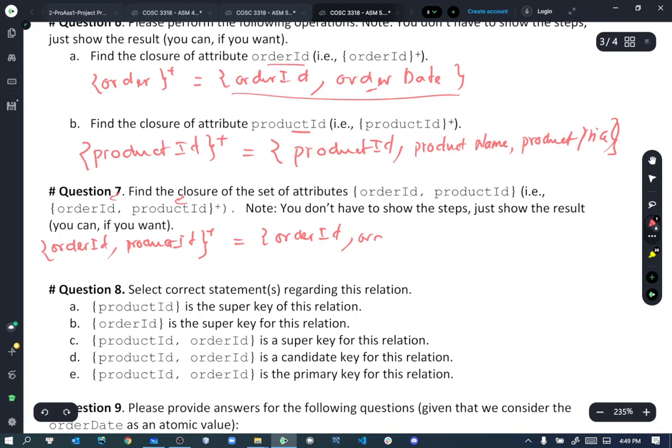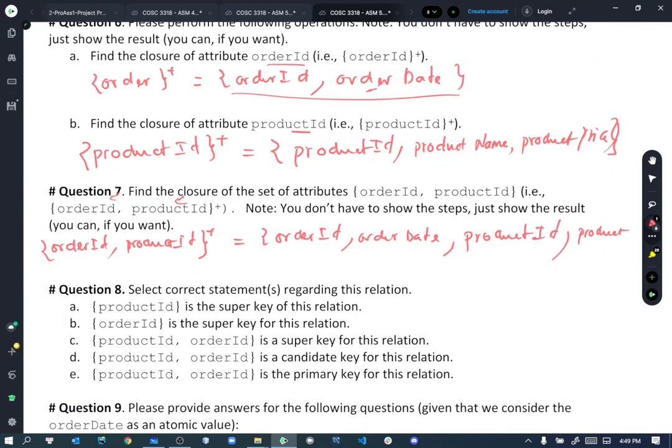So you have order date. Then product ID can determine product ID, of course, and product ID can determine product name.